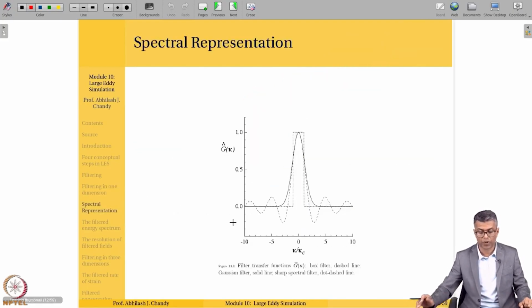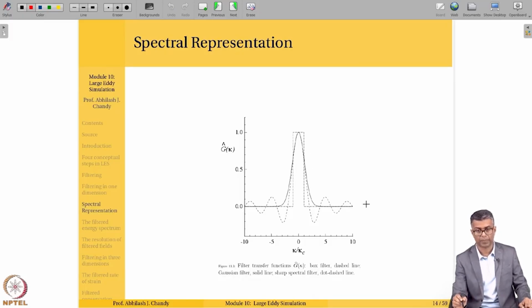Now coming to the transfer function, the box filter is a sinusoidal function. As you can see, it is going up and down on the right side as well. The sharp spectral filter is now a Heaviside function in spectral space. That is why you see this step function here.